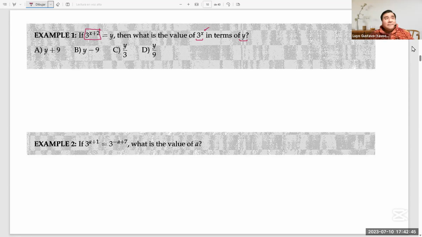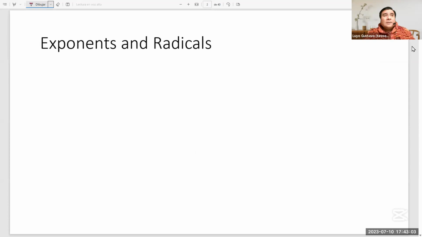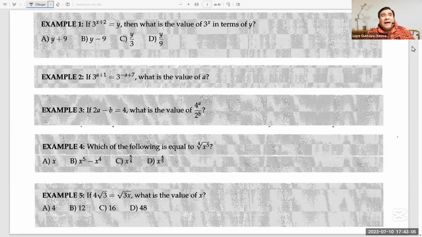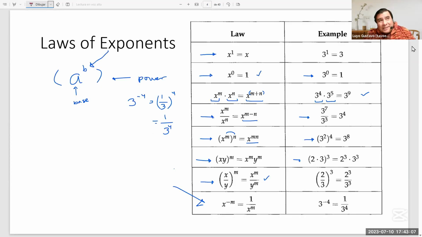Okay, thank you, Axel. Very good. That's exactly what happens here. 3 up to x times 3 squared. Look, x plus 2 is the exponent here. So it's like we are using this property, but in this direction, backwards.